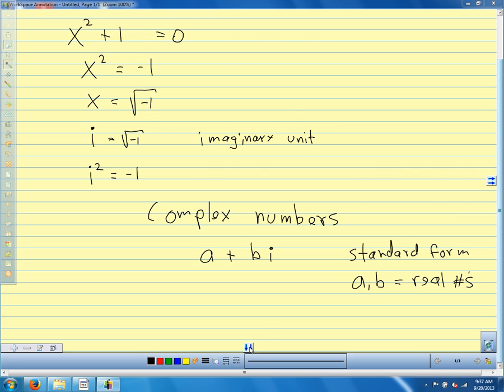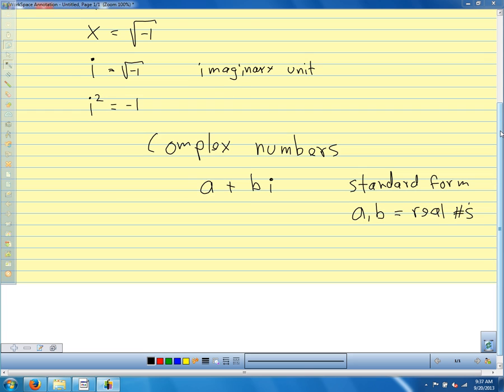And we also need to remember that real numbers are a smaller set than complex numbers. So if I draw a Venn diagram, the complex numbers are out here, and real numbers are inside the complex numbers. So real numbers are complex numbers. The real numbers are just complex numbers where we don't have this part.